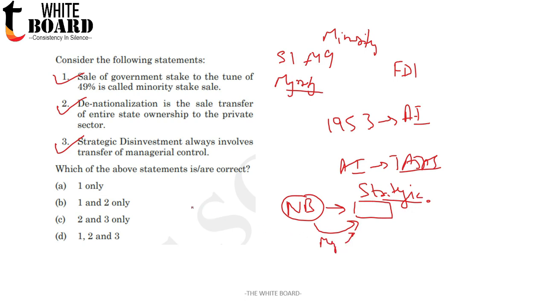So this is known as strategic disinvestment. So yes, there is mandatory transfer of managerial control. So all three statements are correct.